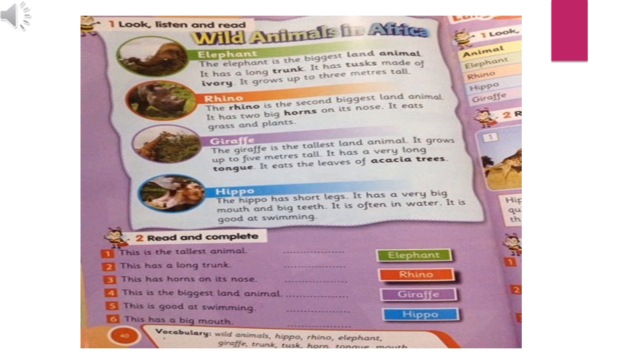According to what we have read together now, we're going to answer exercise 2. Which animal? We are going to write elephant, rhino, giraffe, or hippo. Number 1, this is the tallest animal. Which one is the tallest animal? Yes, it's the giraffe.